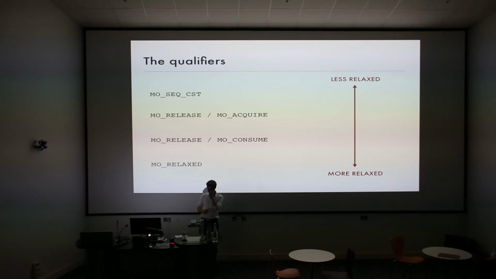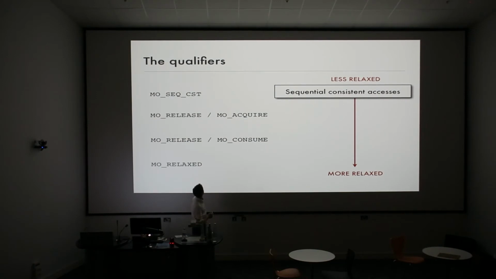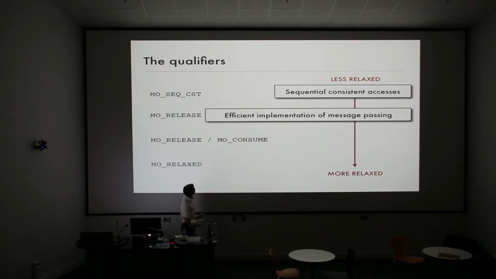Let's look at the qualifiers. So there are essentially four, in coming strengths. There is the easiest and the strongest, which is sequentially consistent, which will impose to the compiler to give you just sequentially consistent memory accesses. There are release acquire, which will give you an efficient implementation of message passing.